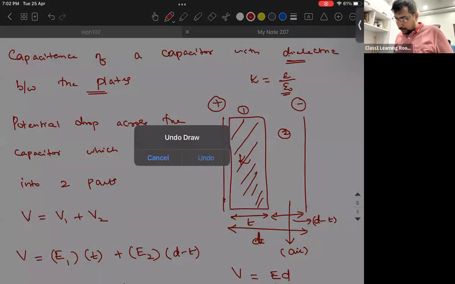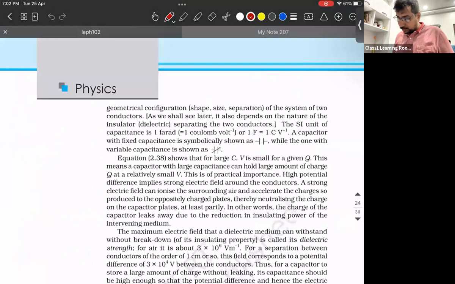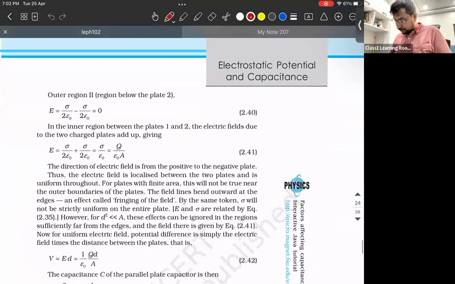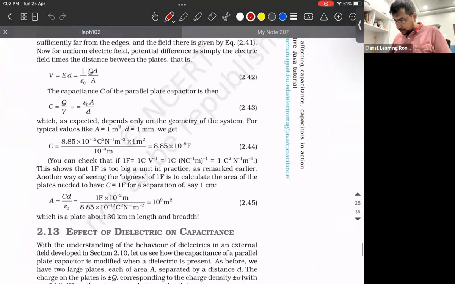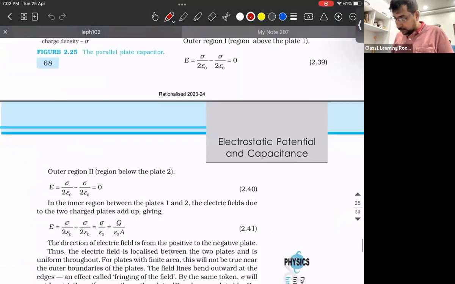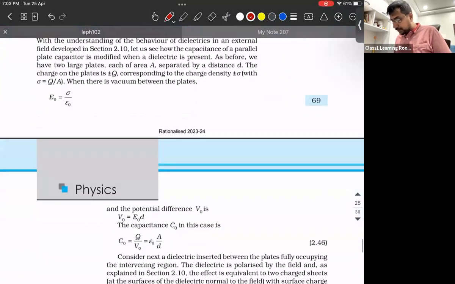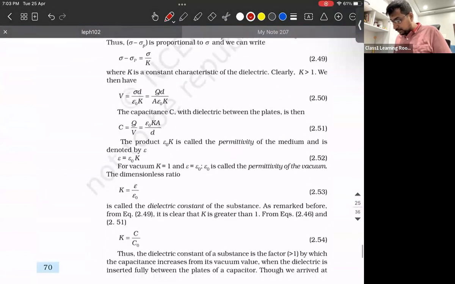So make a note of this formula. Let's solve a problem based on this. It comes under the concept of effect of dielectric on a capacitor.